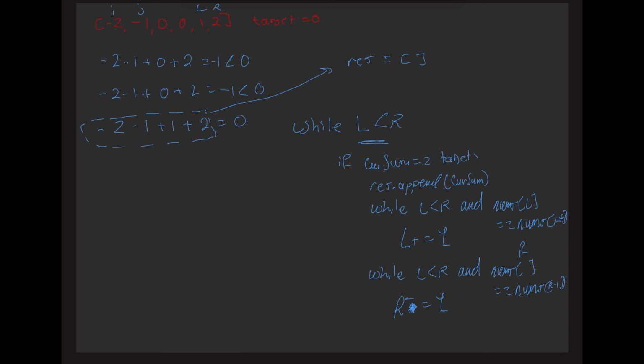So we're trying to compare its neighbor, and if there are duplicates we want to keep on moving across the array, so we want to keep going down and going up until we find the last duplicate. And then once we get there, we're going to do just L plus 1 and then right minus 1. That way we are not accounting any duplicates, and that gets rid of that problem.